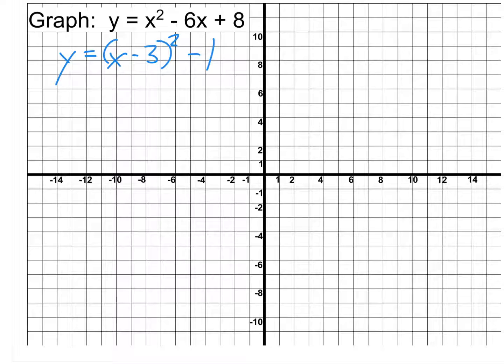In order to make this graph, we go right 3, down 1 for our very first point. It is a positive, not a negative, so we are going to be going up here. So from that point, over 1, up 1 on both sides, over 2, up 4 on both sides, over 3, up 9 on both sides, and that's all that we can fit on our graphing grid here. So then you go ahead and draw your curve through those points.